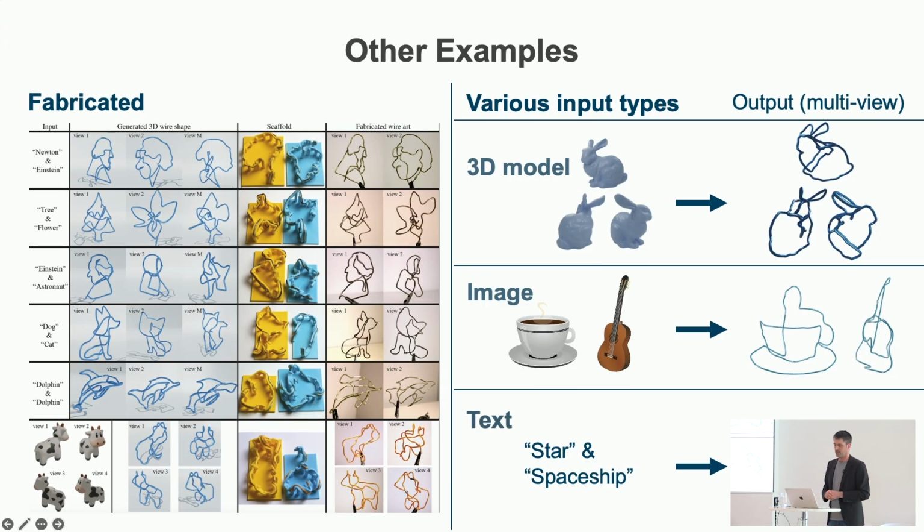Here are some more examples of this. As you can see, it also works with image input, or what I think is an easier case, if you already start with a 3D model.